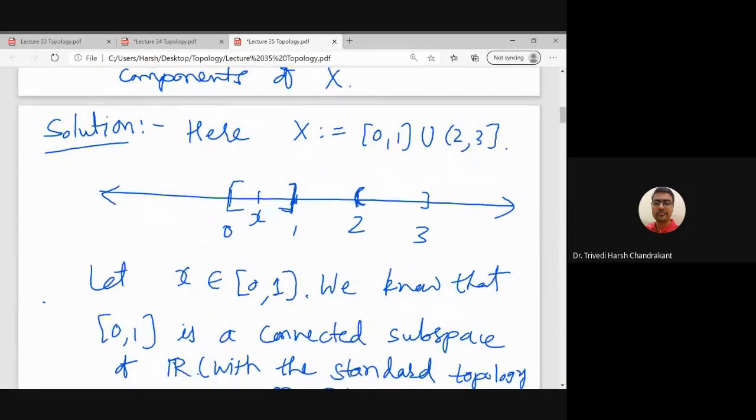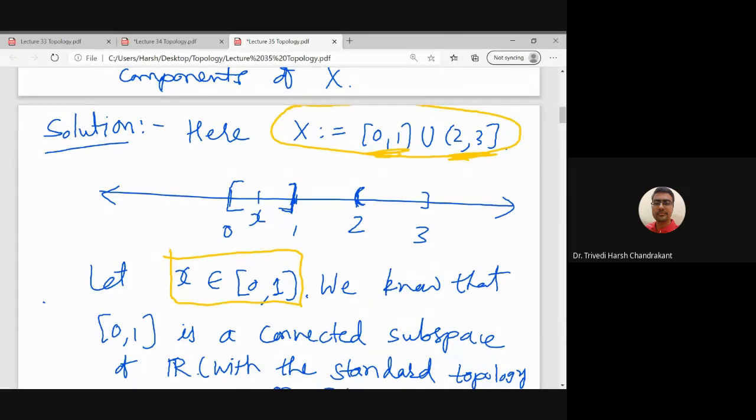So for example, if I choose any point x in X, that means either x belongs to [0,1] or x belongs to (2,3]. Let us start with the point x in the closed interval 0 to 1.